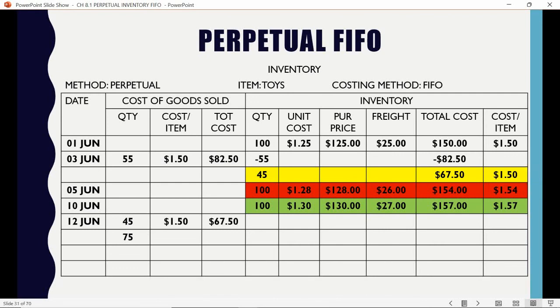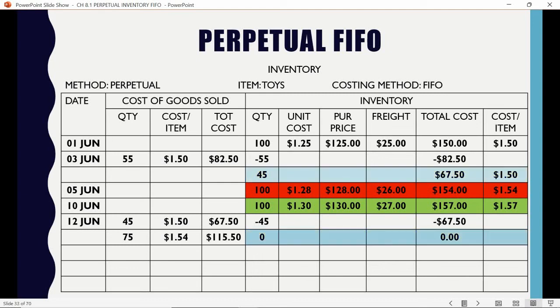Of course you can subtract it out, so that means yellow is gone.